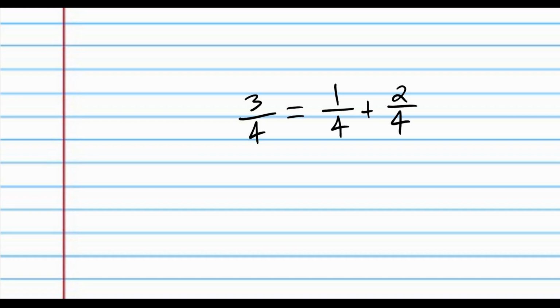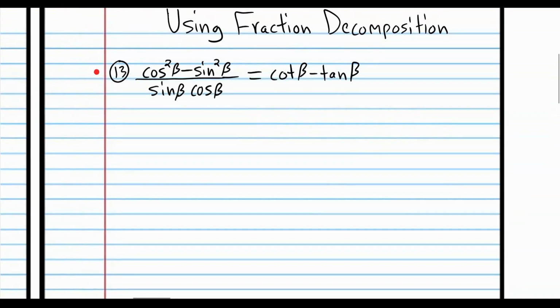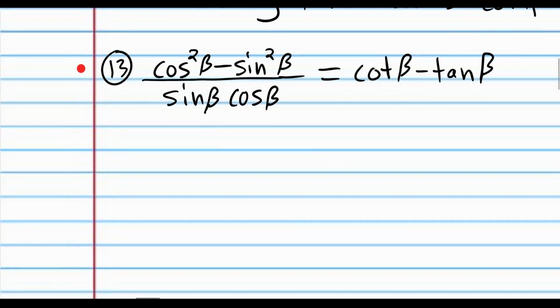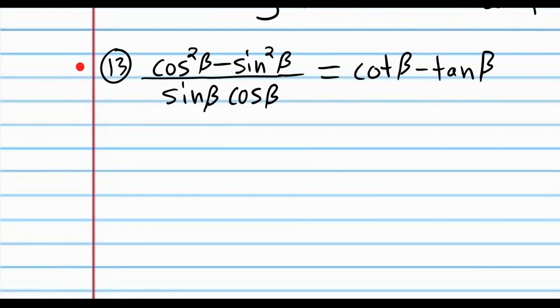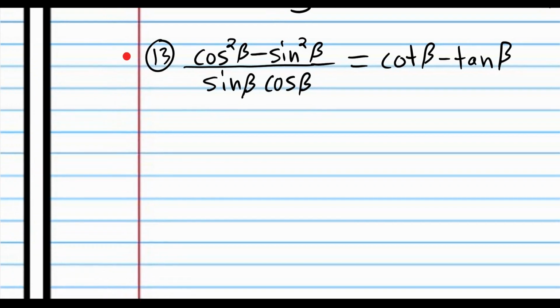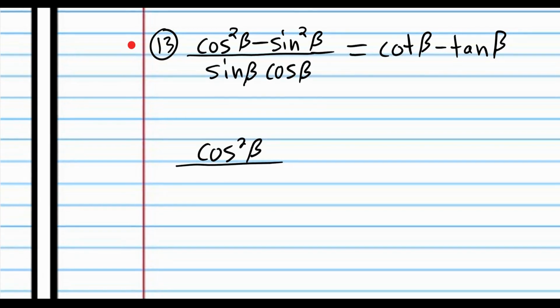We don't really do that very often, but we can do that. There's nothing wrong with it. Well, in these problems, we're going to have to use fraction decomposition. So I'm going to break that fraction on the left side of the equation into cosine squared beta over sine beta times cosine beta.